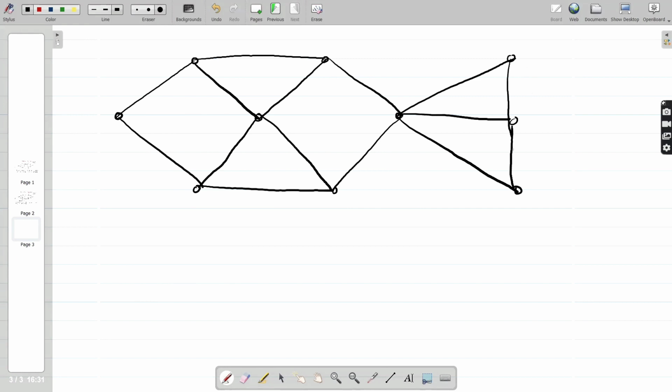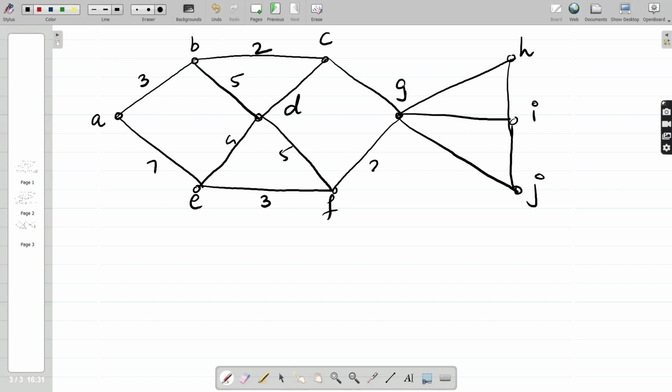There are in all 6 plus 3, 9 vertices. Let us have the vertices as A, B, C, D, E, F, G, H, I. And the distances are 3, 2, 5, 5, 4, 7, 3, 2, 1, 1, 4, 6, 8, 7. So I have chosen a graph.